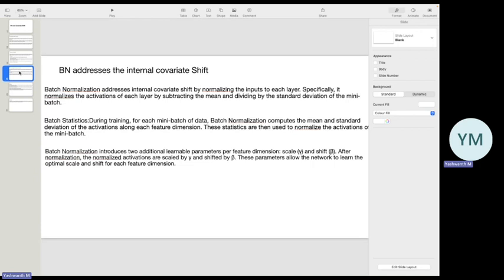These parameters are introduced to allow more flexibility while learning the model. There are only two parameters, the scale parameter and the shift parameter, and the size of each parameter is the same as the number of neurons in the layer.